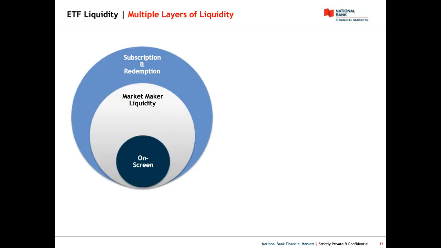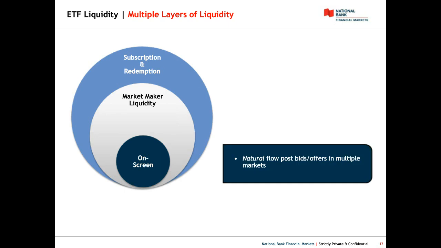The presence of a stock exchange adds extra layers of liquidity when compared to mutual funds, and we all know that. The first is what the industry calls natural flow, which are bids and offers posted in the marketplace, or what we call on-screen, because these are entities that simply want to buy or sell units. Most of these are retail investors, discount broker investors, or institutional investors.